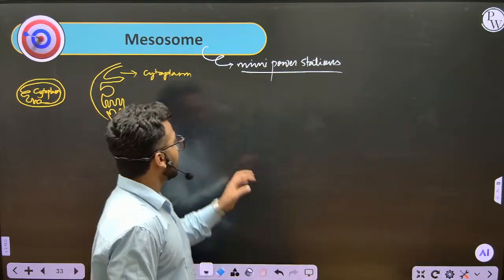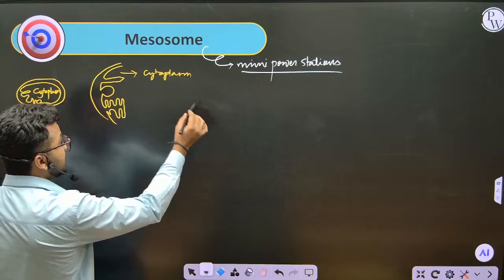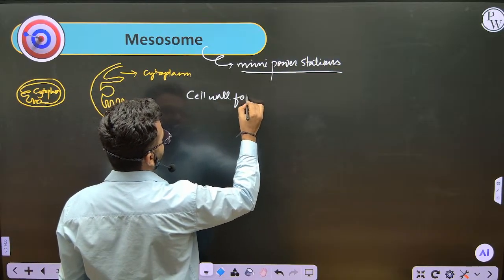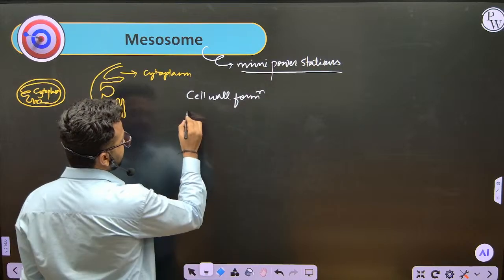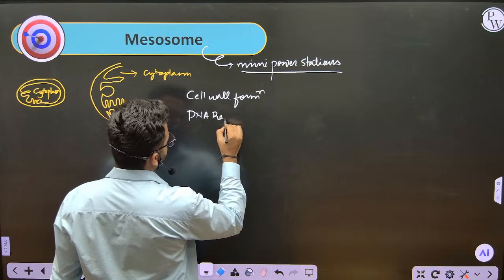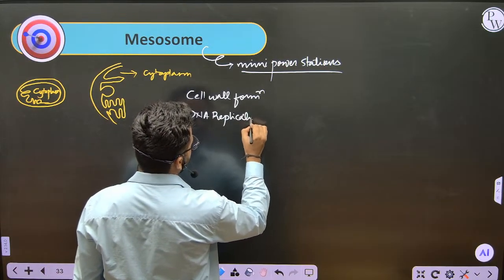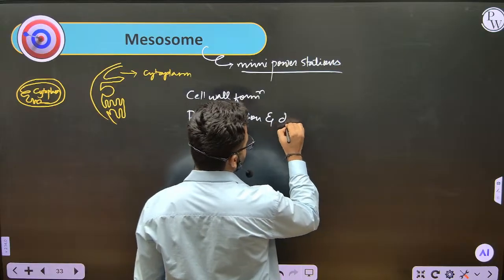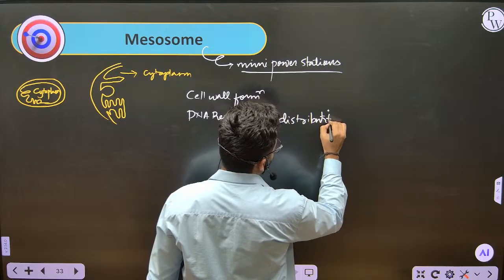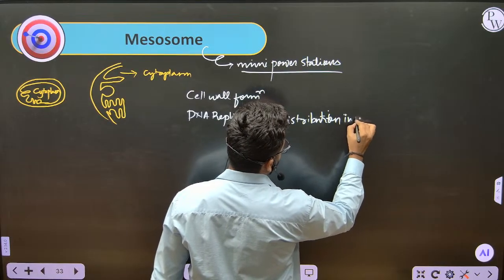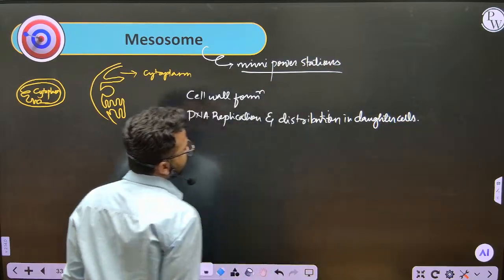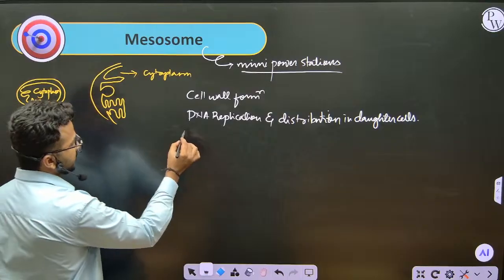The functions we discussed are cell wall formation, and DNA replication or duplication, and the distribution of DNA into daughter cells. It is also performed by mesosomes.